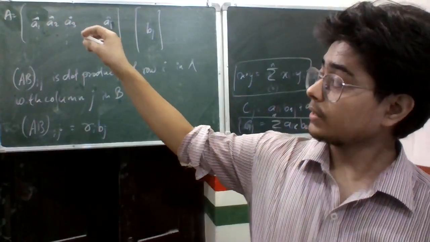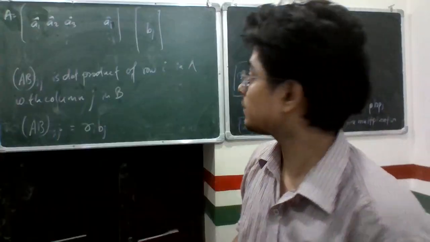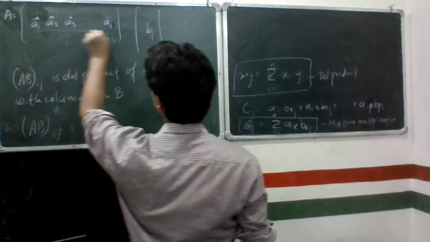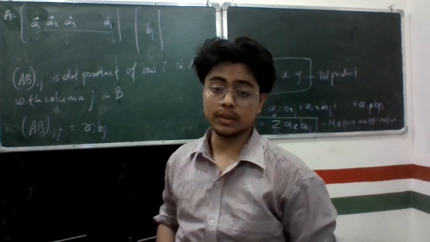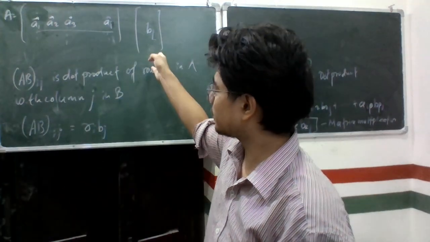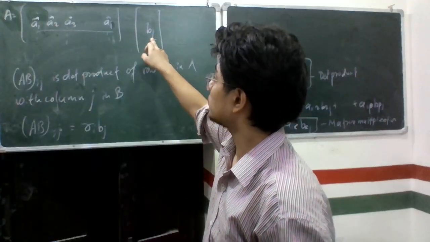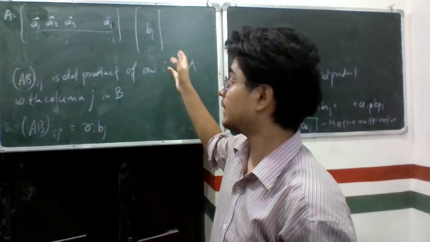Similarly, if we see this matrix multiplication in the form of dot product, then we can imagine a single row of a matrix A and a single column, or we can say the vector b. Let's suppose the element to be bj.